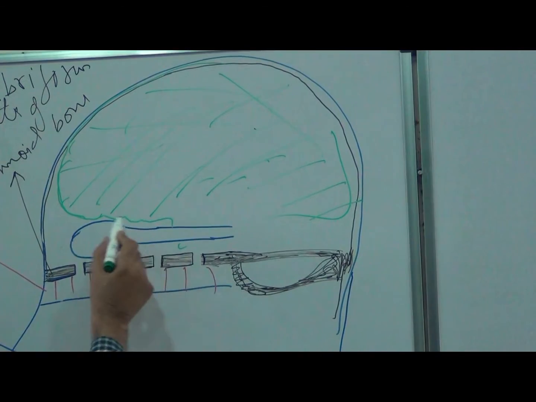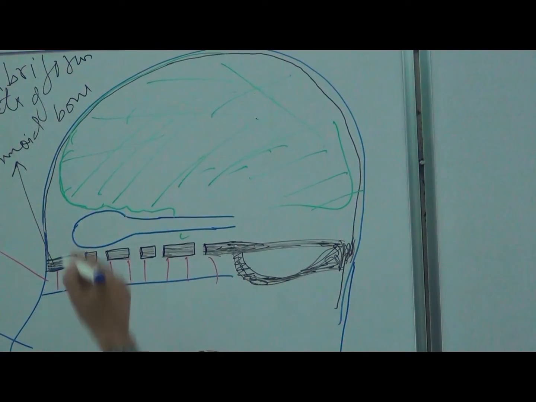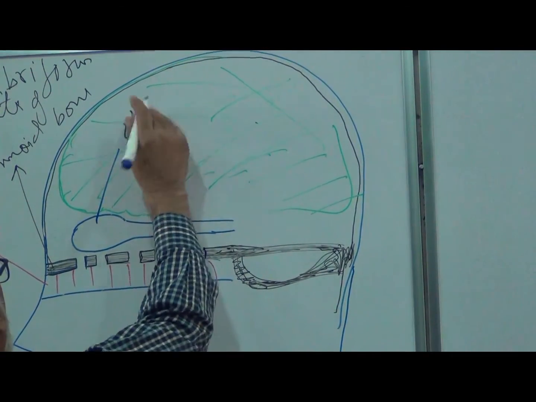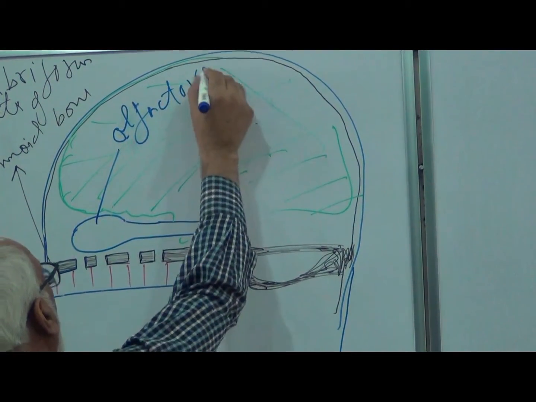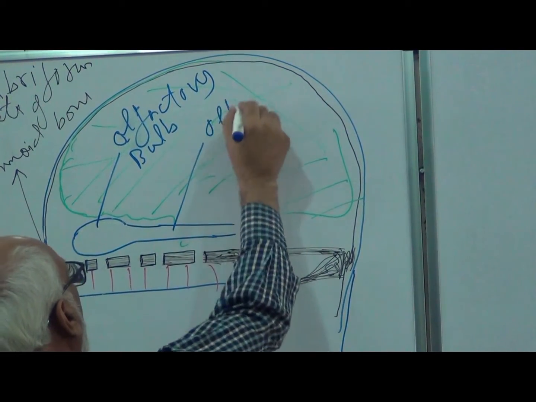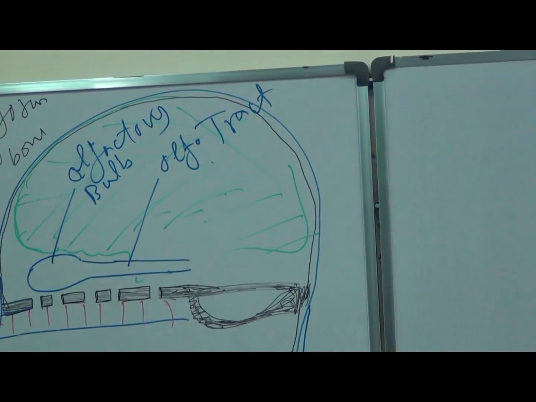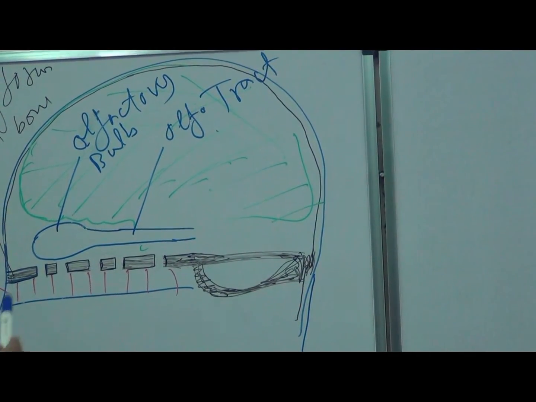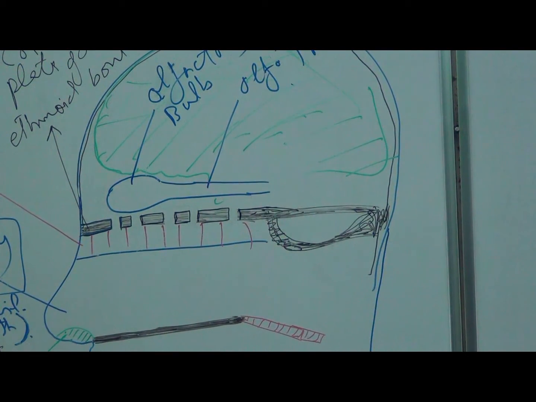On the orbital surface of the frontal lobe are the olfactory bulb and olfactory tract. Below the cribriform plate of the ethmoid bone, which shows perforations for the passage of filaments of the olfactory nerve, is the olfactory mucosa.